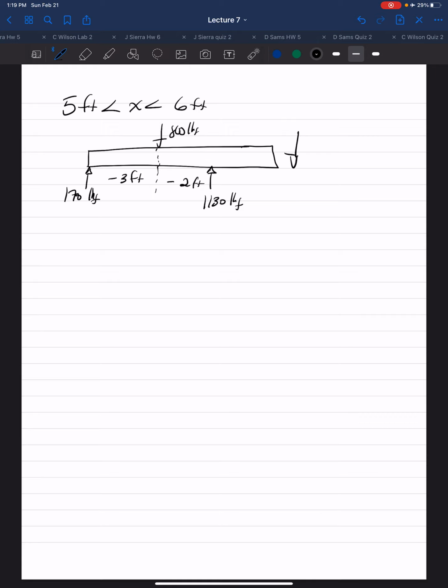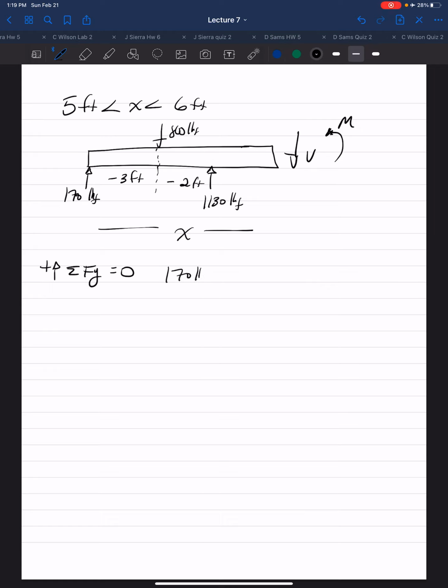Taking into account our V and our bending moment M, sum your forces in the Y direction.